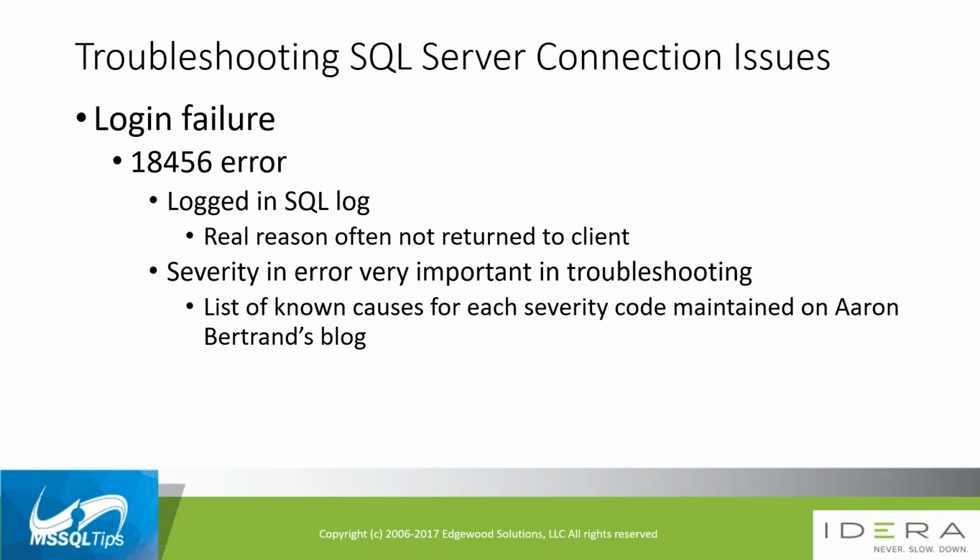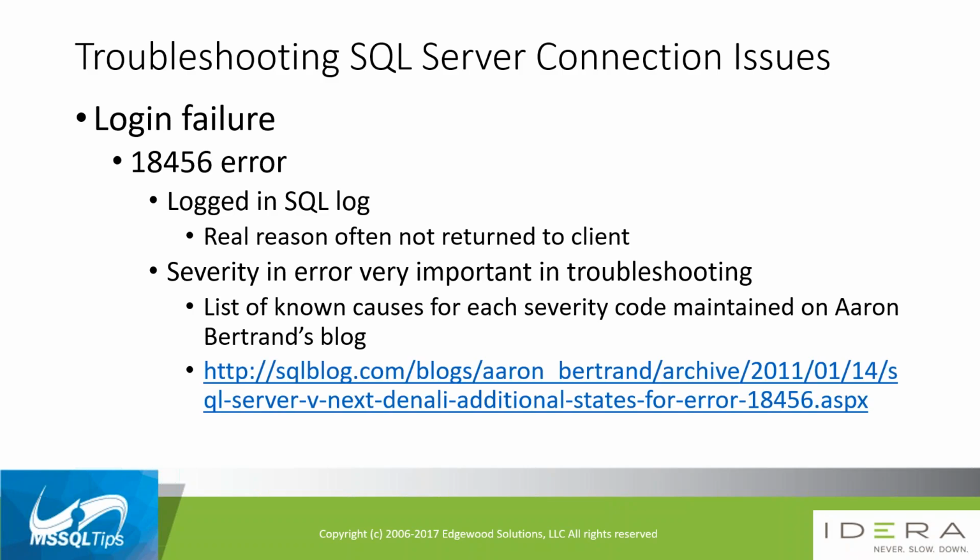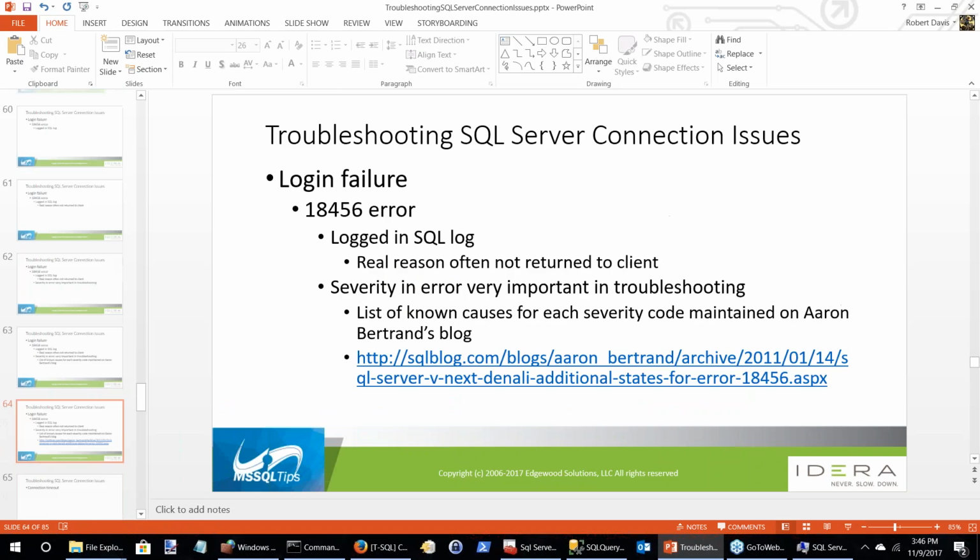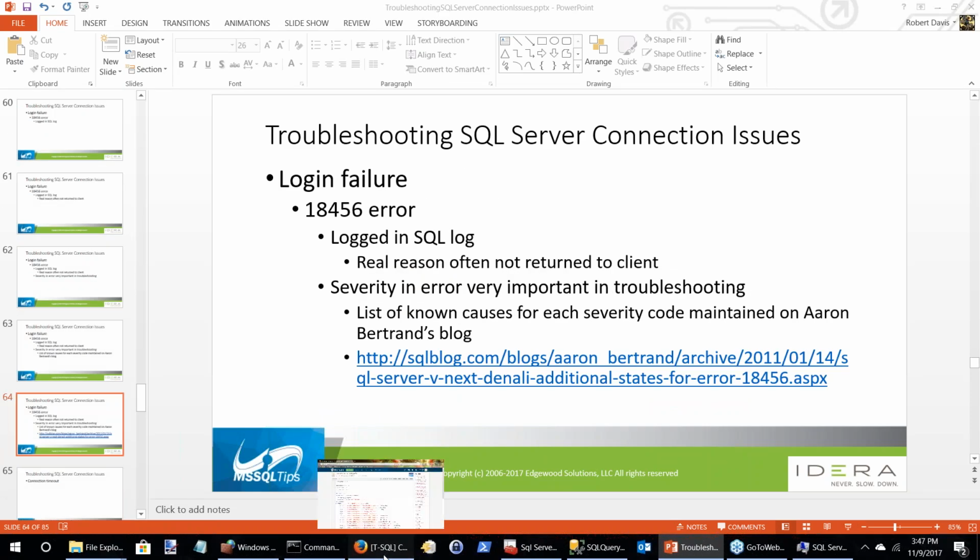Aaron Bertrand maintains a list of known causes, and it's a very long list, so we're definitely not going to go through those. But once you look at that error in the log, read the message, see what the state code is. Go find this blog post on Aaron's site, and then look up the state code.